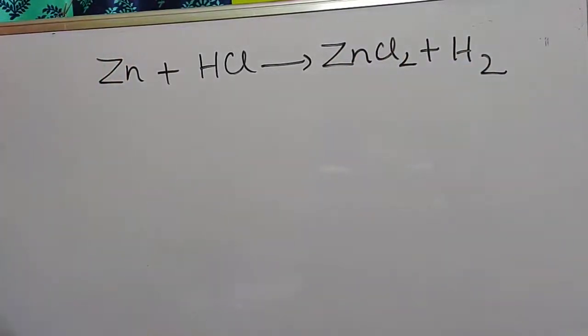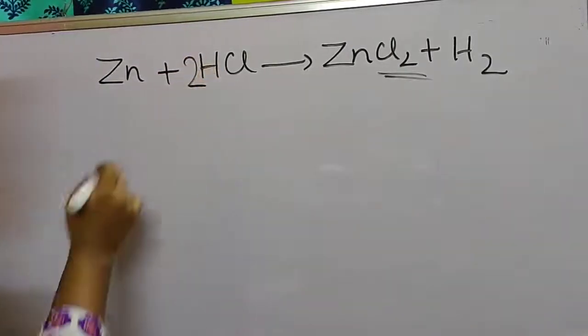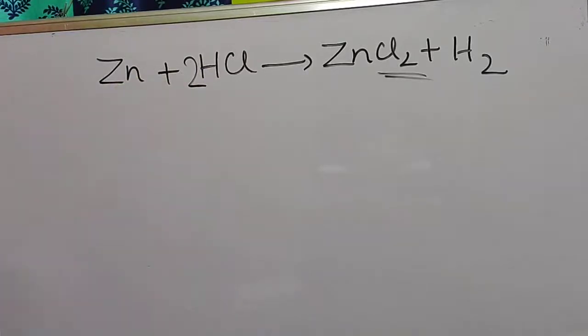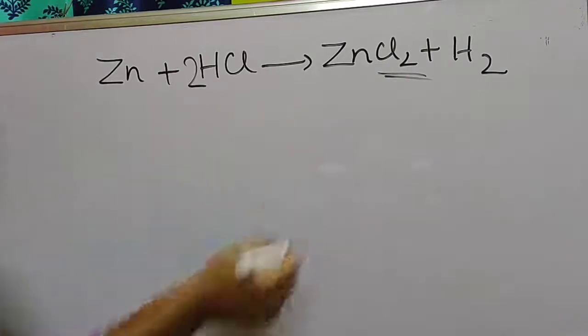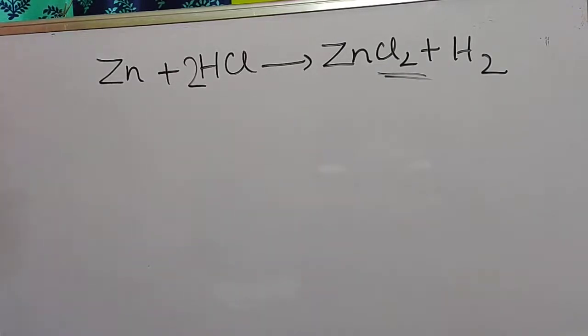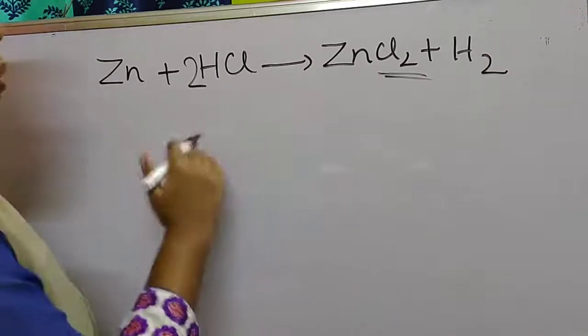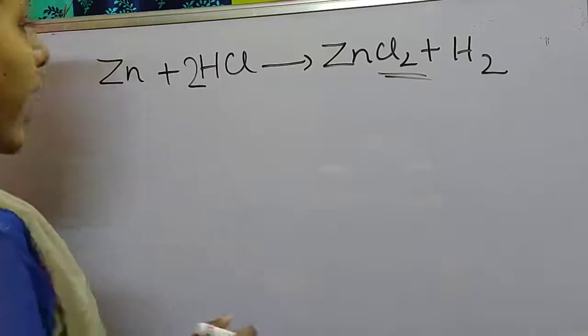So first we have to balance the equation, as 2 chlorine atoms are present here. So we have to write 2HCl. Zn plus 2HCl gives ZnCl2 plus hydrogen. So what information can we gather from a chemical equation? First of all, we can see the number of moles or the number of molecules of the substances involved in the chemical reaction.